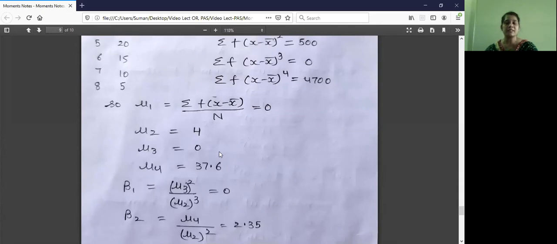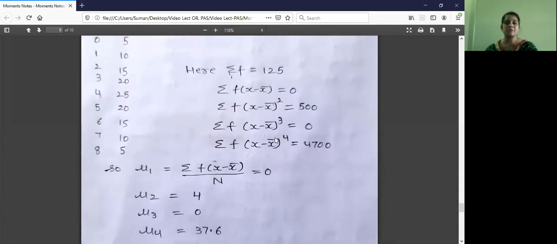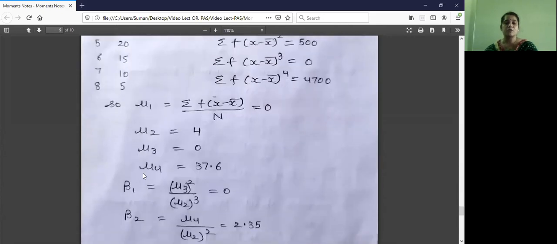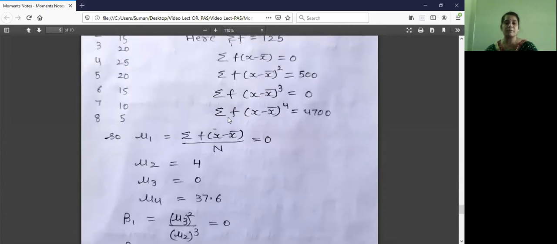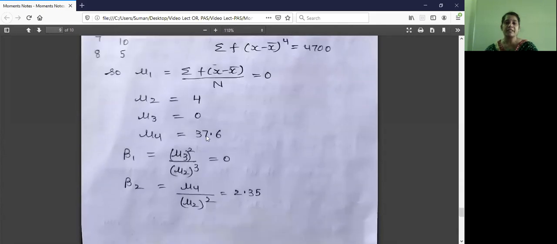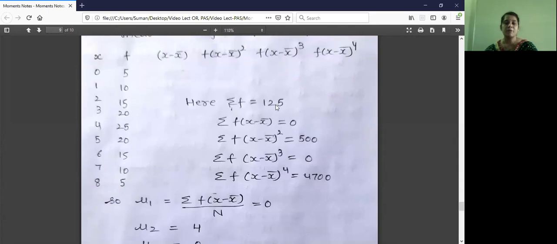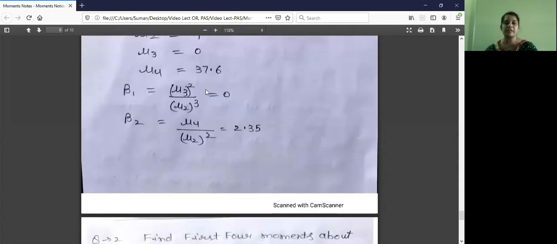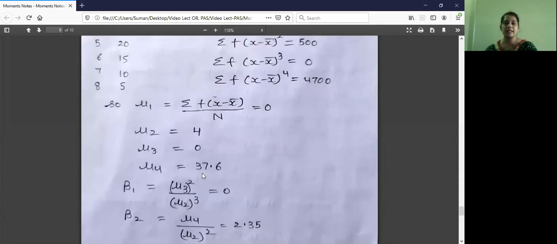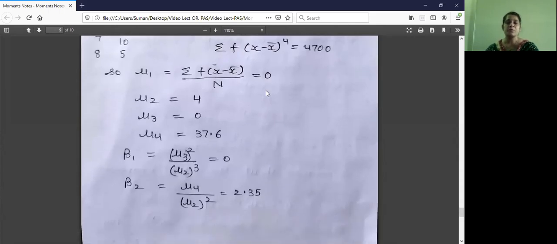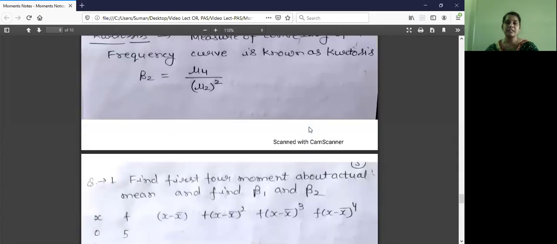The third moment is already 0 according to this value. Mu 4 is summation f(x minus x bar) raised to the power 4, which is 4700, divided by capital N, 125. So we get 37.6. So we get all first four moments about the actual mean.